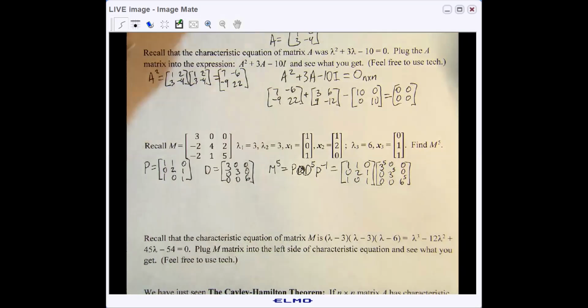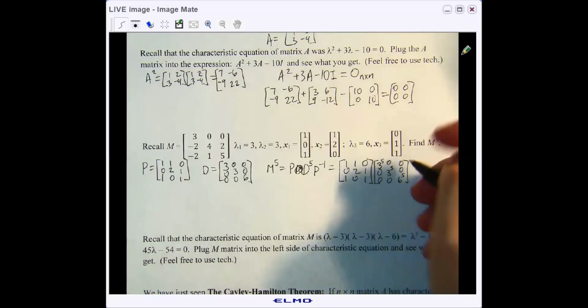And then let's find matrix P inverse. I'm going to have to type that into my calculator, so we'll pause on that for a second.